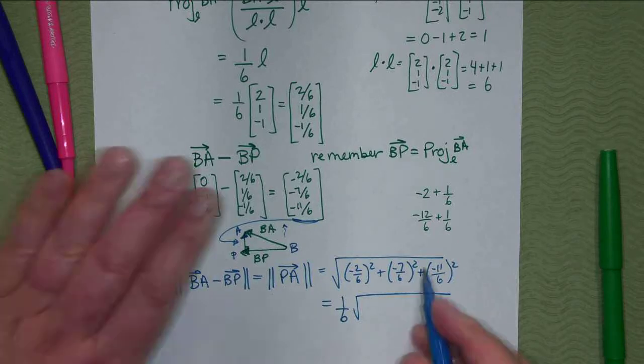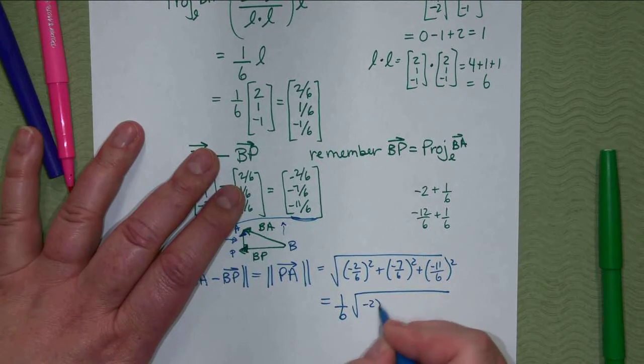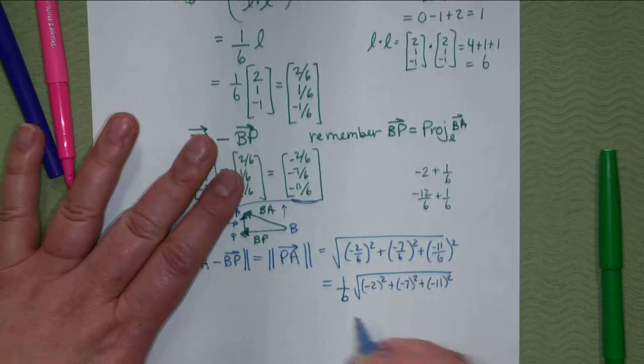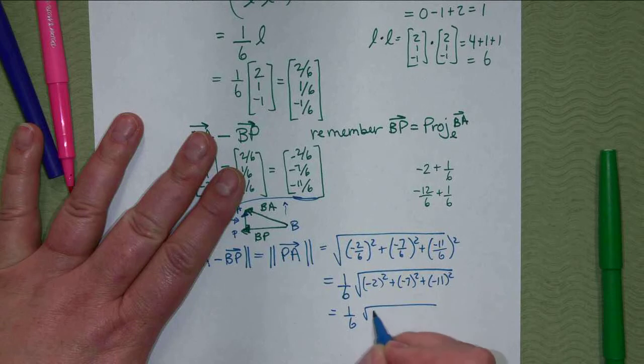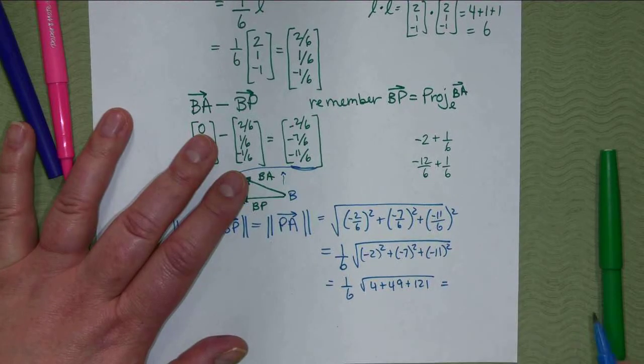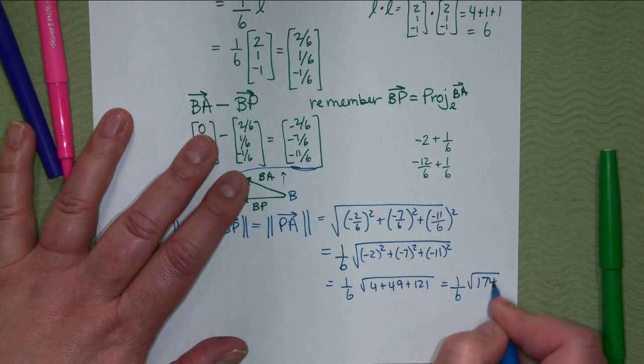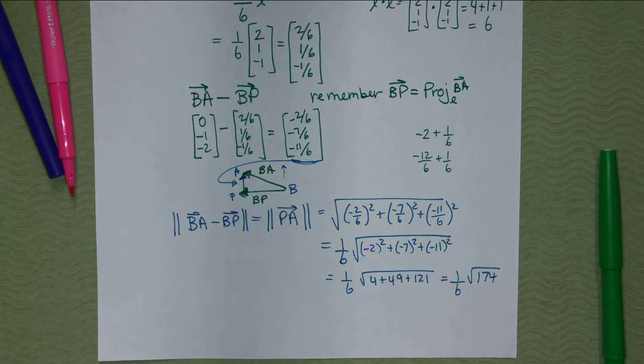So this would be just minus 2 squared plus minus 7 squared plus minus 11 squared. 4, which is what? 50, 60, 74, 174. Square root of 174 divided by 6.